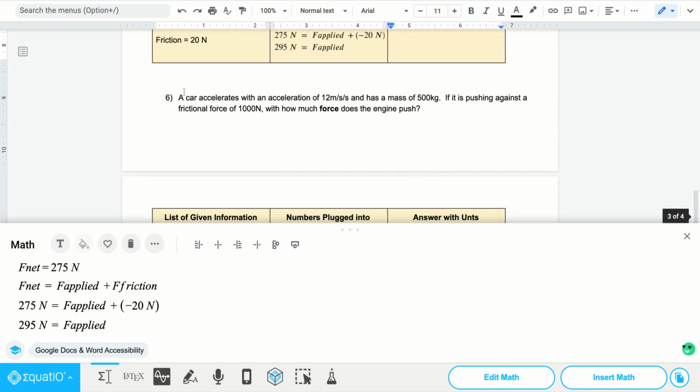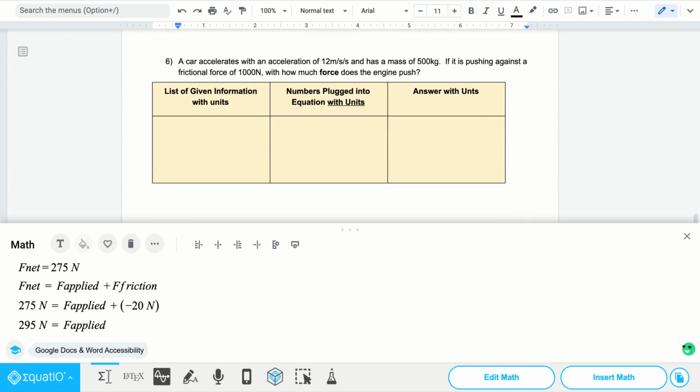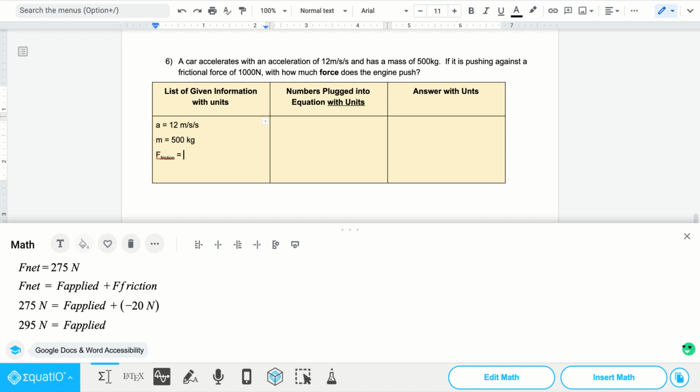All right, number 6. A car accelerates with an acceleration of 12 meters per second squared, and the car has a mass of 500 kilograms. If it is pushing against a frictional force of 1,000 newtons, what is the force of the engine?